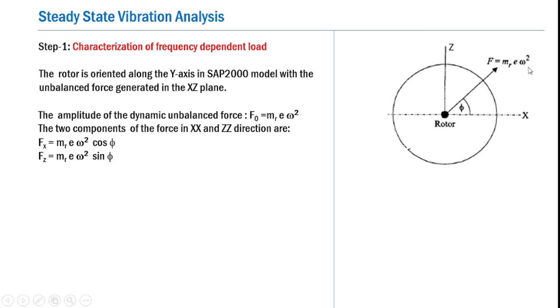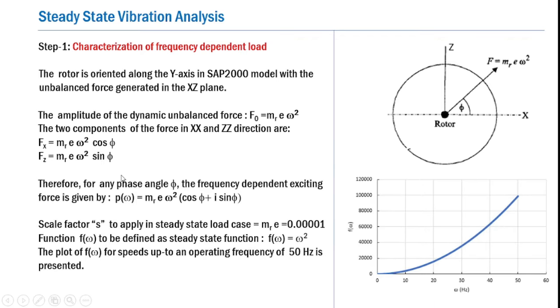It acts in a radial direction because it's a centrifugal force, and obviously for any phase angle φ, this force Mr e ω² has 2 components in the x and z directions, defined as Fx equal to Mr e ω² cos φ, and Fz equal to Mr e ω² sin φ. This means that for any phase angle φ, the frequency-dependent exciting force can be fully defined as P(ω) = Mr e ω² (cos φ + i sin φ).